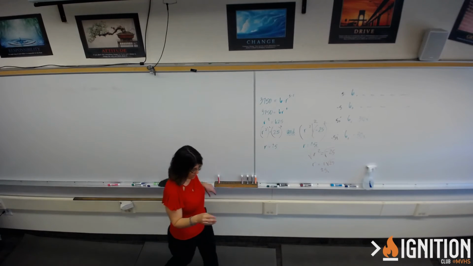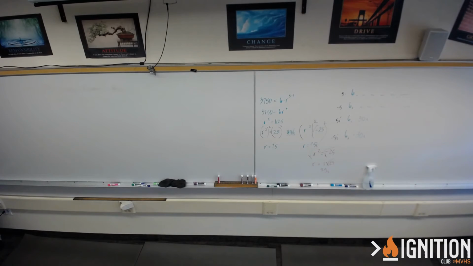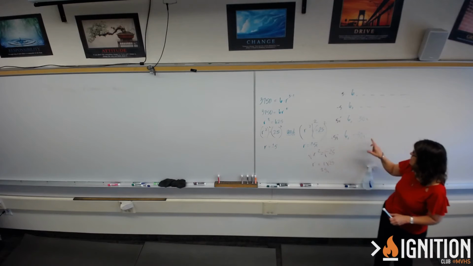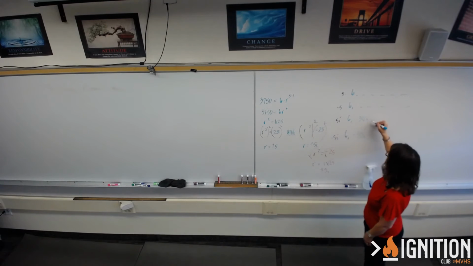Your final answers are positive, negative, or an i. No i squared. i squared is negative 1, so you simplify that. All right, 5i, I've got 6, 30i.